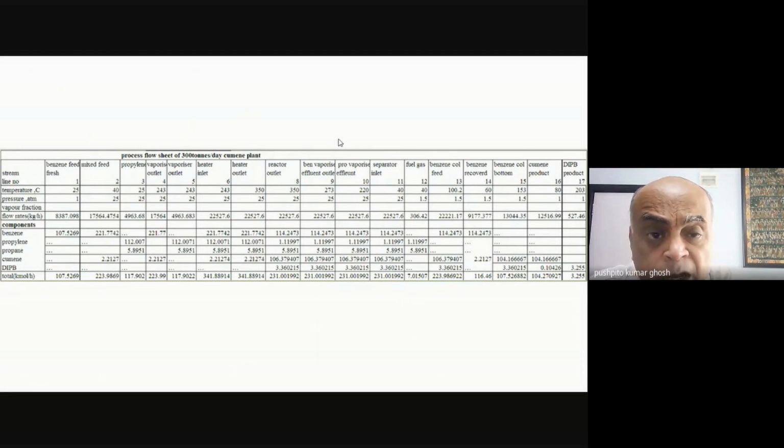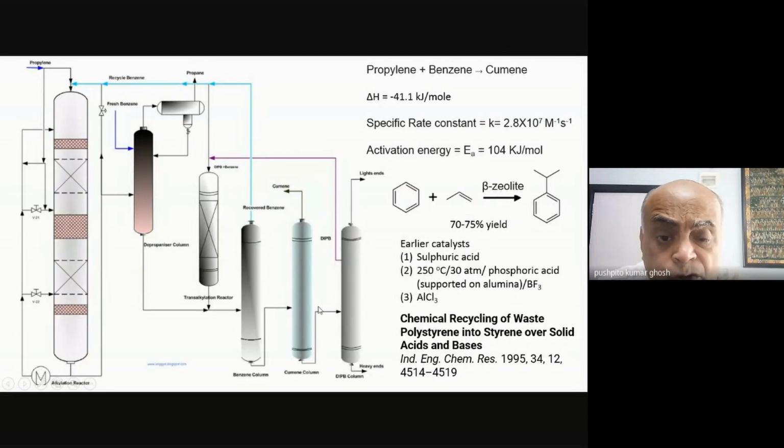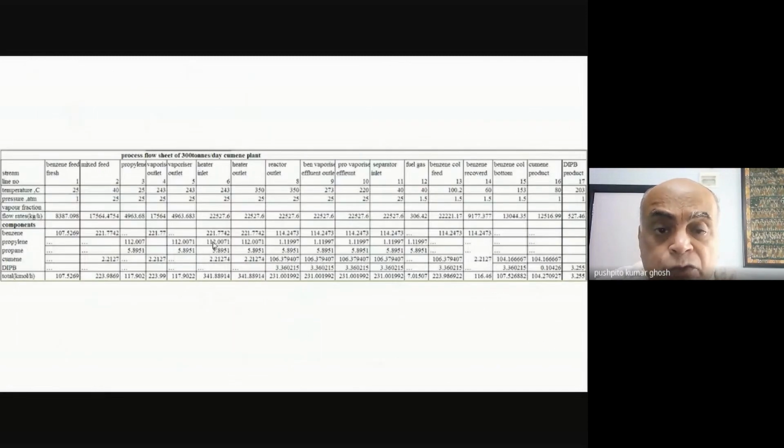But it's important that at every stage you know all the information, so that if something is going wrong, you can pinpoint where exactly it's going wrong. And so not only will you be monitoring the process parameters like temperature, pressure, vapor fraction, and flow rate, but additionally you'll generate all the compositional data, so that you'll quickly come to know if something is going wrong somewhere. Okay.